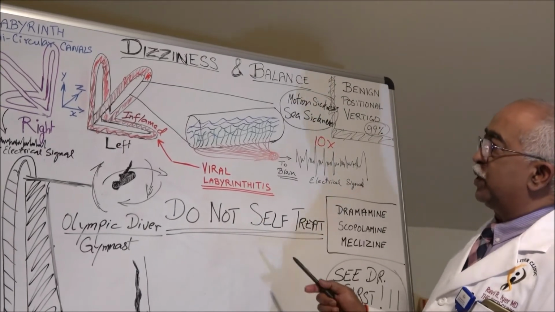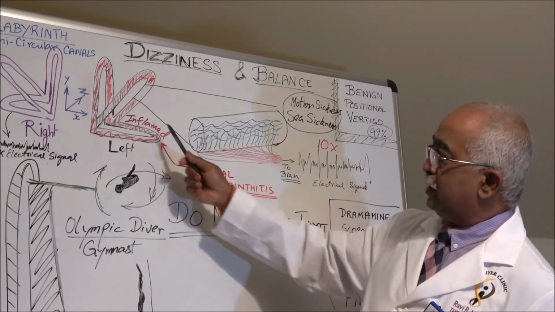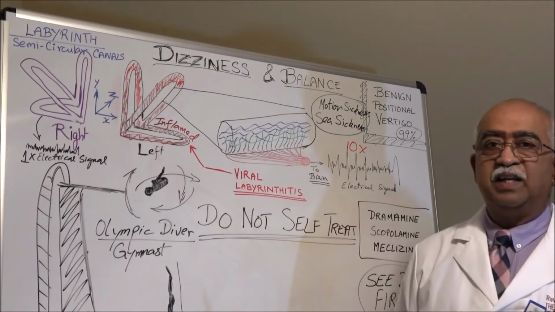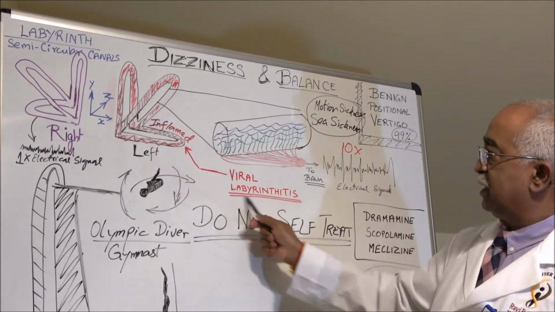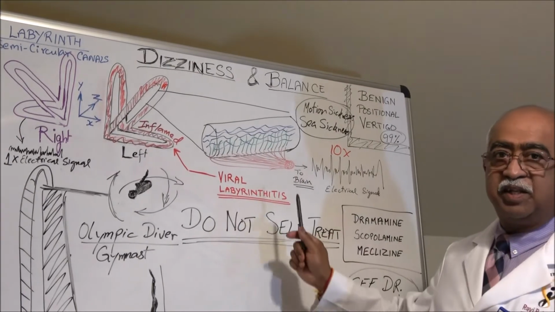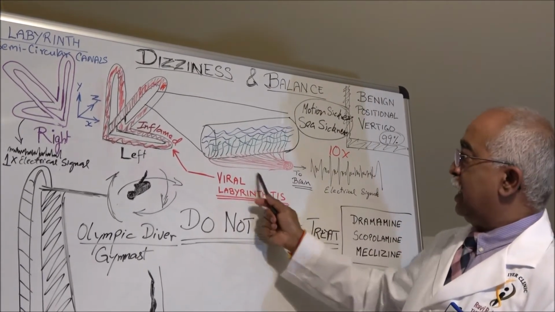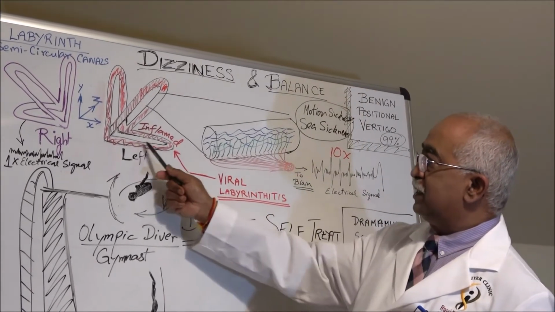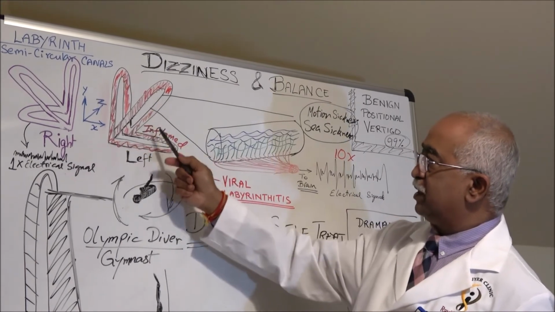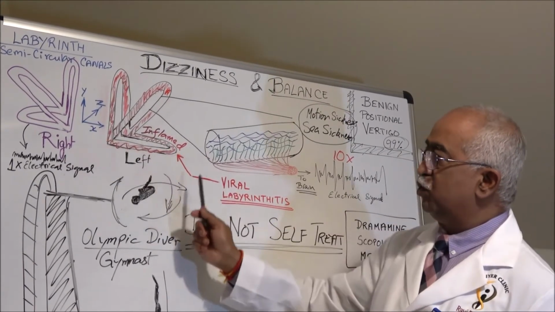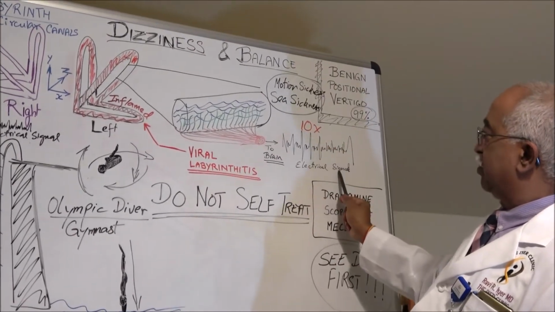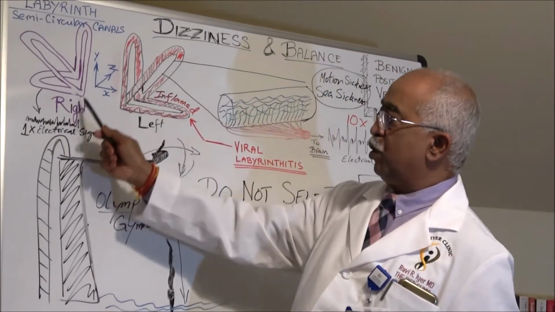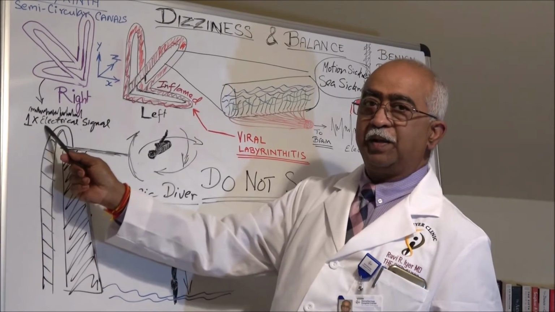But consider a situation where one of these labyrinths gets inflamed, and most of the time it's a viral labyrinthitis. Itis means an inflammation. And when that happens, this inflamed labyrinth, for the same amount of movement, will produce 10 times the signal to the brain as the normal side on the other side.